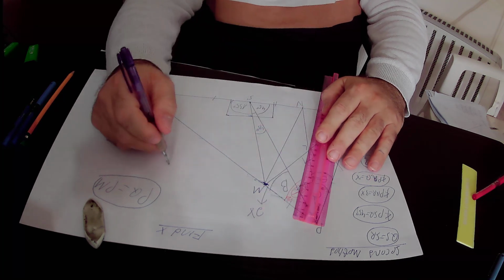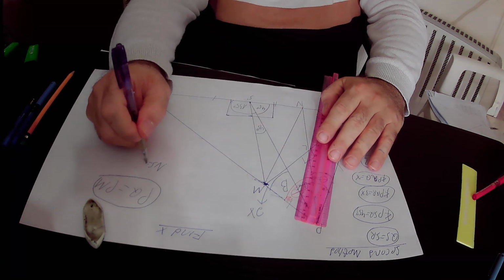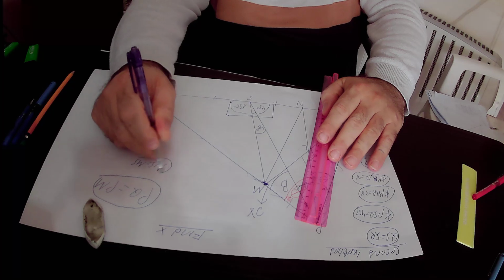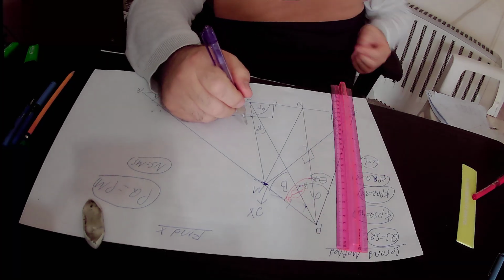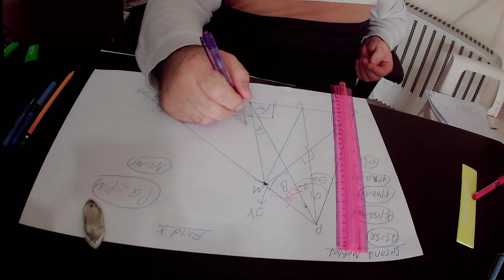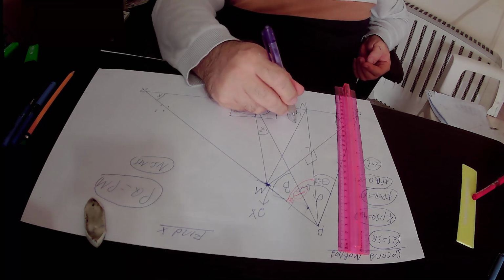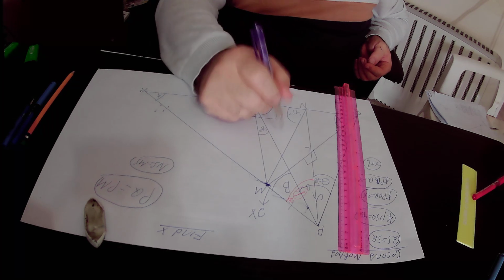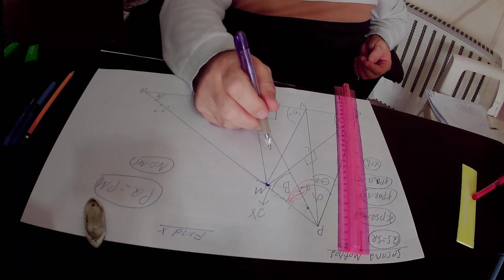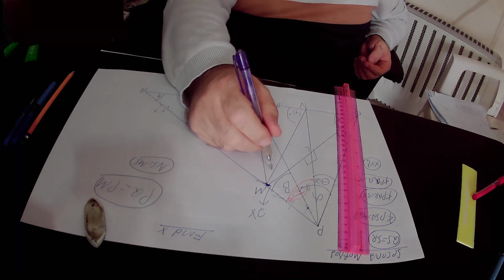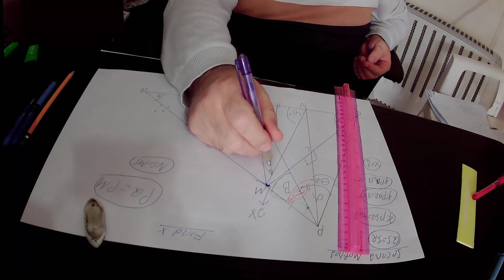You know that NS equals MS. We found out that angle MNS equals 45 degrees, and angle NMS also equals 45 degrees.